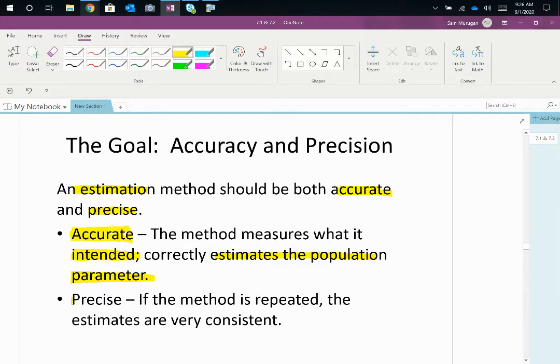Now, precise is if the method is repeated, we would get exactly the same estimate. If we use the same method a second time or a third time, it would produce estimates that are very, very close and similar to each other.